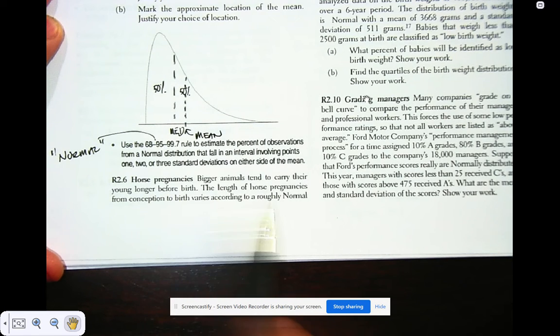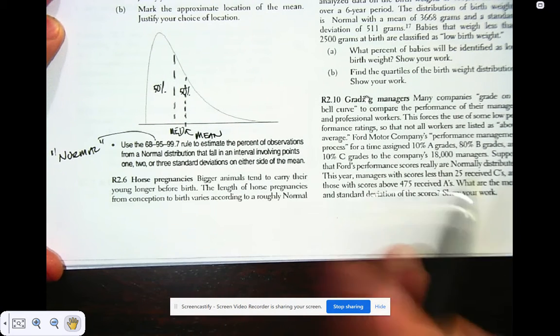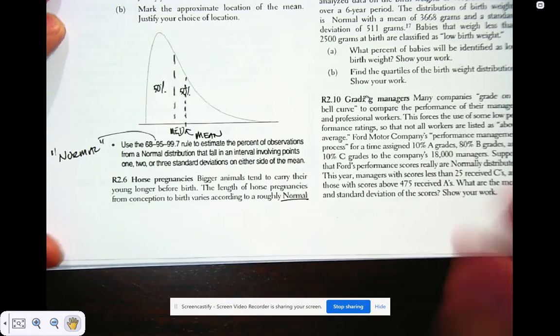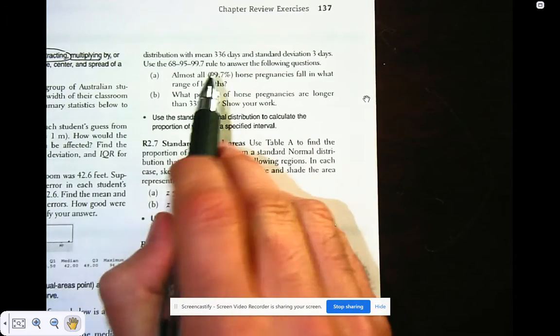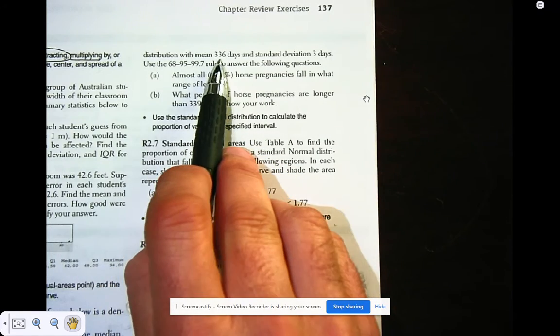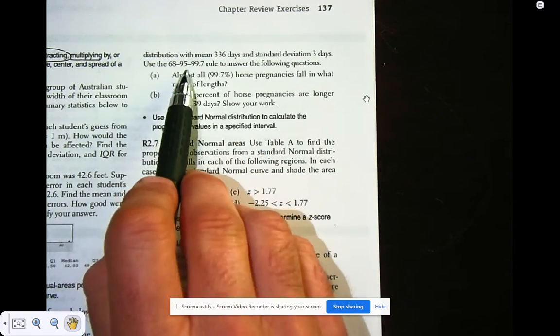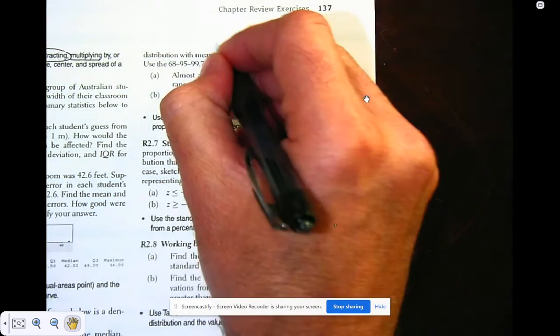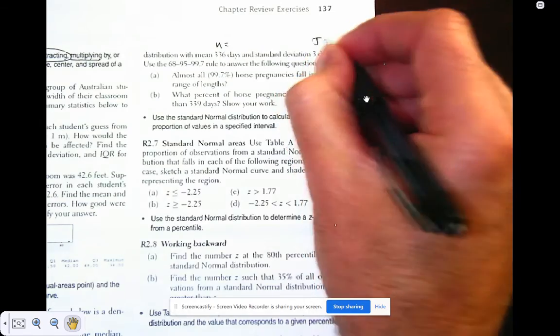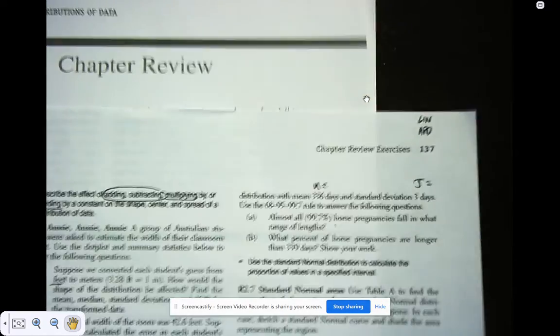The length of horse pregnancies from conception to birth varies according to a roughly normal distribution with a mean, an average, of 336 days and a standard deviation of 3 days. Use this to answer the following question. So let's use the mean and the standard deviation of 336 and 3.